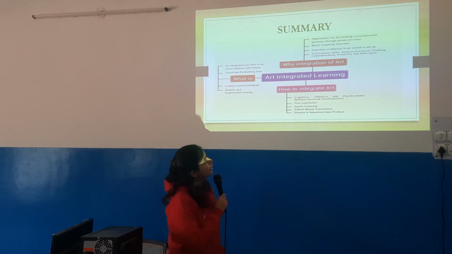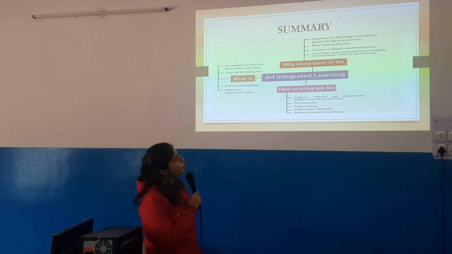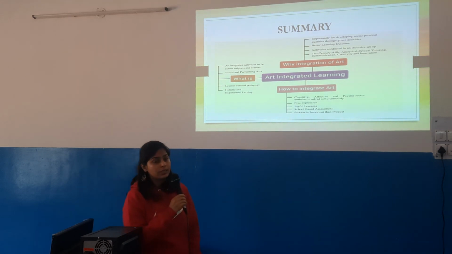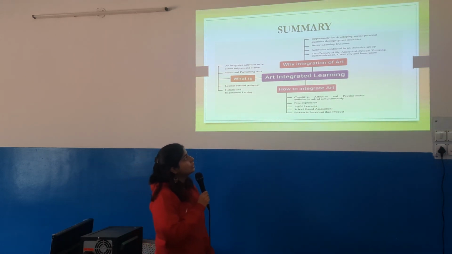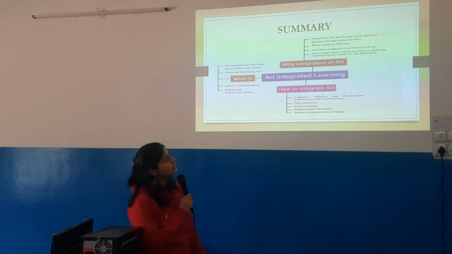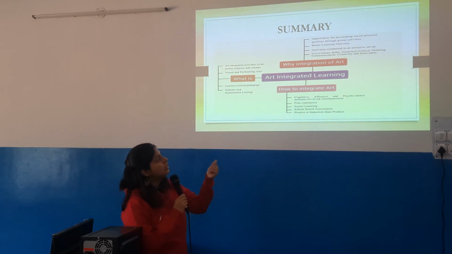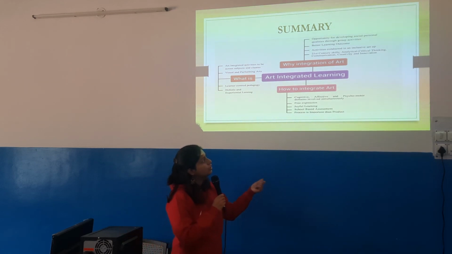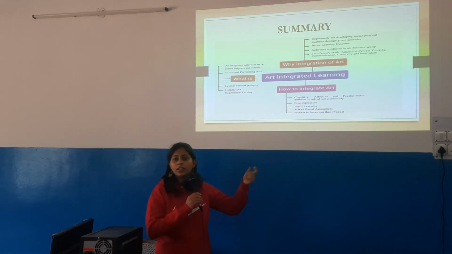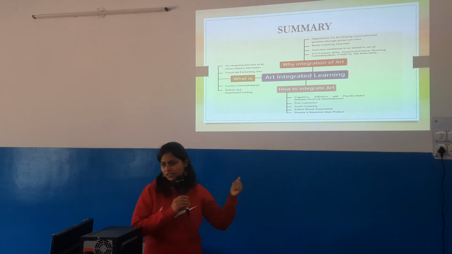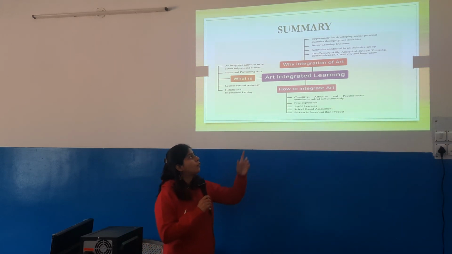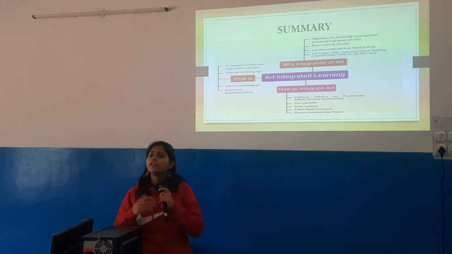Opportunity for developing socio-personal qualities through group activities, better learning outcomes, activity constructed in an inclusive setup, and 21st century skills: analytical and critical thinking, communication, creativity and innovation. The previous pictures which we have seen, 21st century skills, are well integrated with art in different forms.